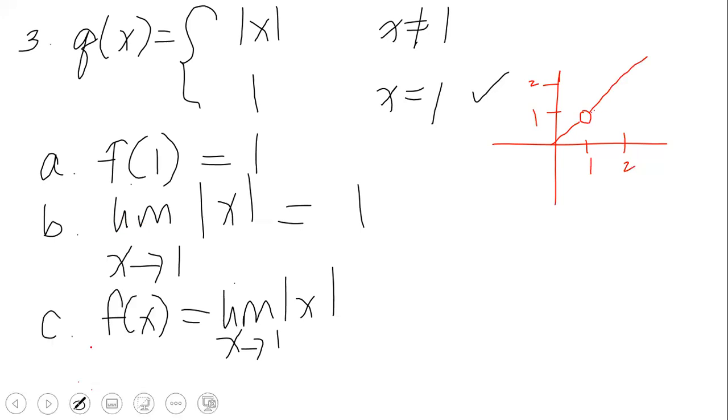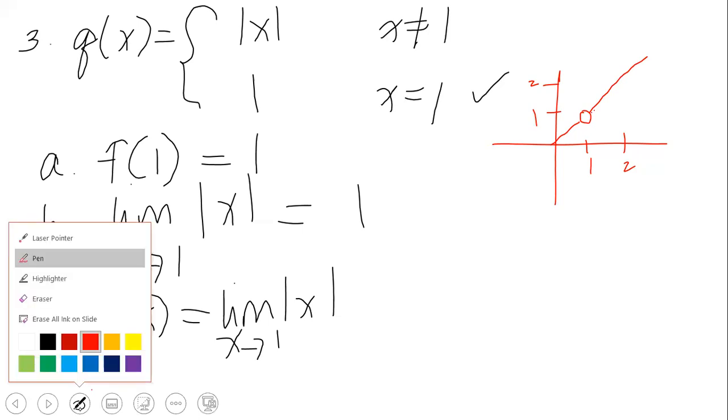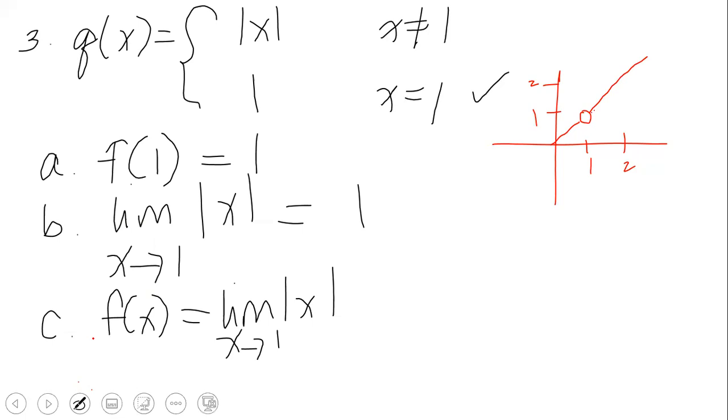So yung pangalawa naman is you have a solid dot. So ibig sabihin, you have also a value which is a solid dot here. So yung isa is open dot and yung isa is solid dot. Okay? So ibig sabihin, sa graph na ito magkapatong ang function na absolute value of x and yung point of f of 1 equal to 1.